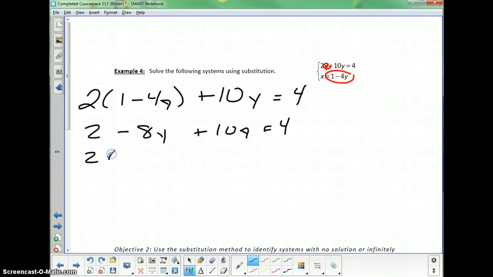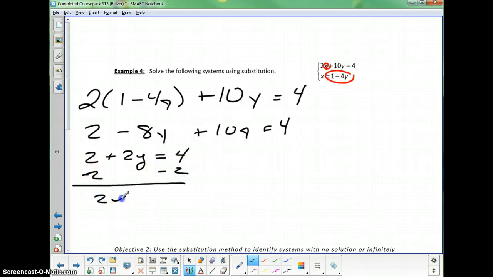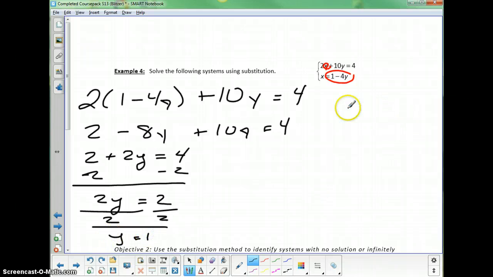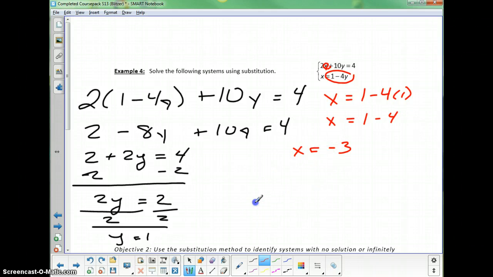So that's 2 plus 2y equals 4. Subtract your 2 from both sides, and we get 2y equals 2 and y equals 1. Since x is already solved for, I just say x is equal to 1 minus 4 times y. Y I just found out was 1. So x is equal to 1 minus 4, or negative 3. My final answer here is the ordered pair negative 3, comma 1.